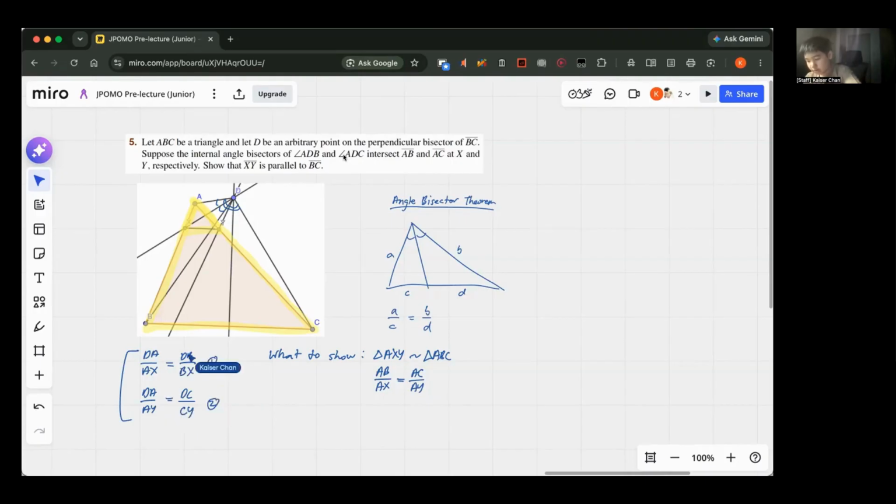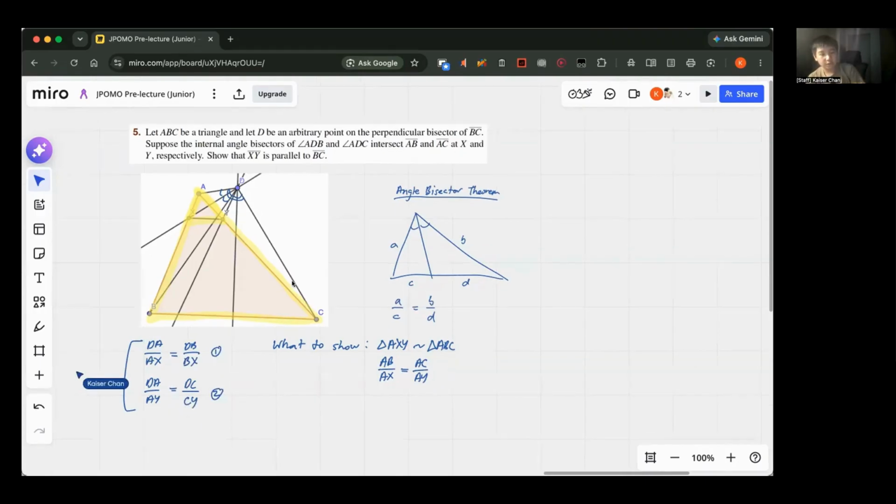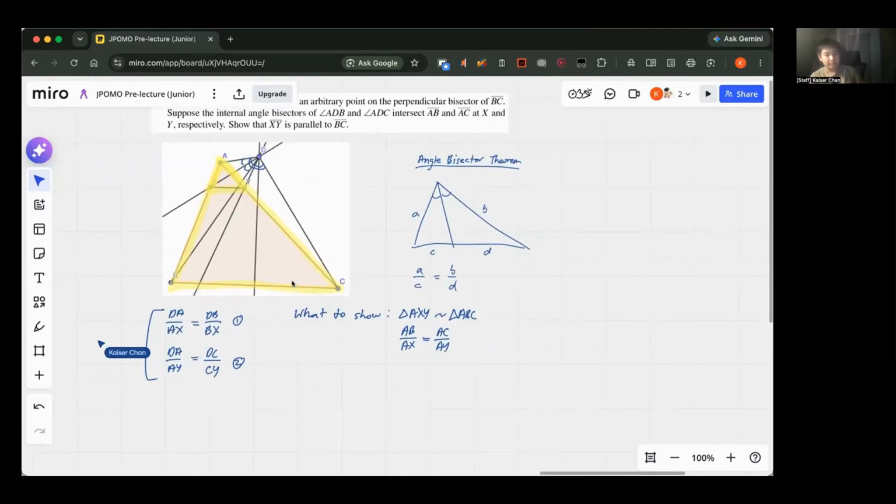Okay. And so if we want to manipulate ratio 1, we want to somehow get an expression for AB over AX. What I'll do first is I'll rewrite it as follows. So 1 implies BX over AX equals DB over DA. Okay. And to get AB over AX, that is just 1 plus this ratio, right?